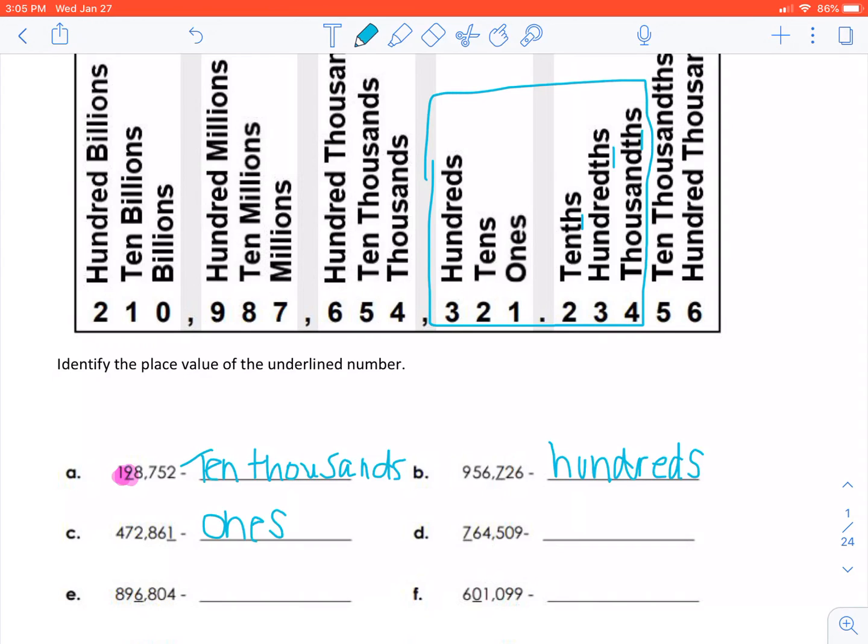That would be the hundred thousandths. The fourth place value over, that's the thousands. And the fifth would be the 10 thousandths.